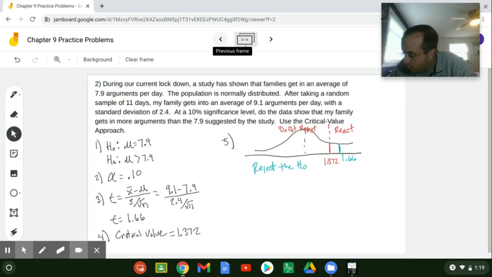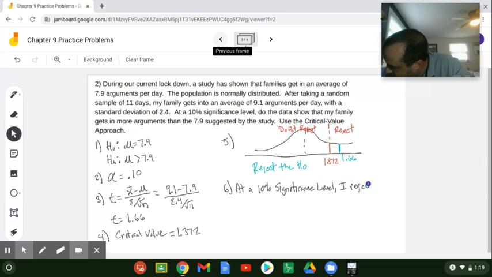And I would word the conclusion exactly the same as if it was a z-test. We're always wording the conclusions exactly the same. So here, at a 10% significance level, I reject the null hypothesis.